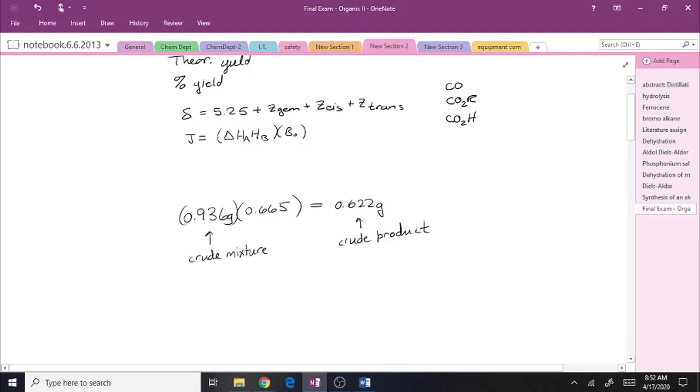And we use that term crude to indicate that it is part of a mixture and not purified. If you say that you have 6.22 grams of product, you're implying it's purified, so we use that term crude.